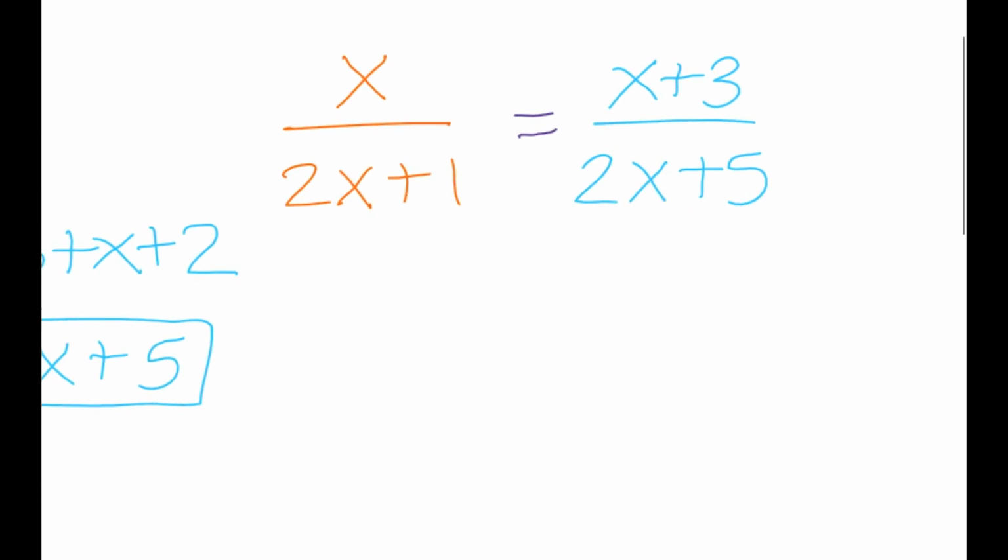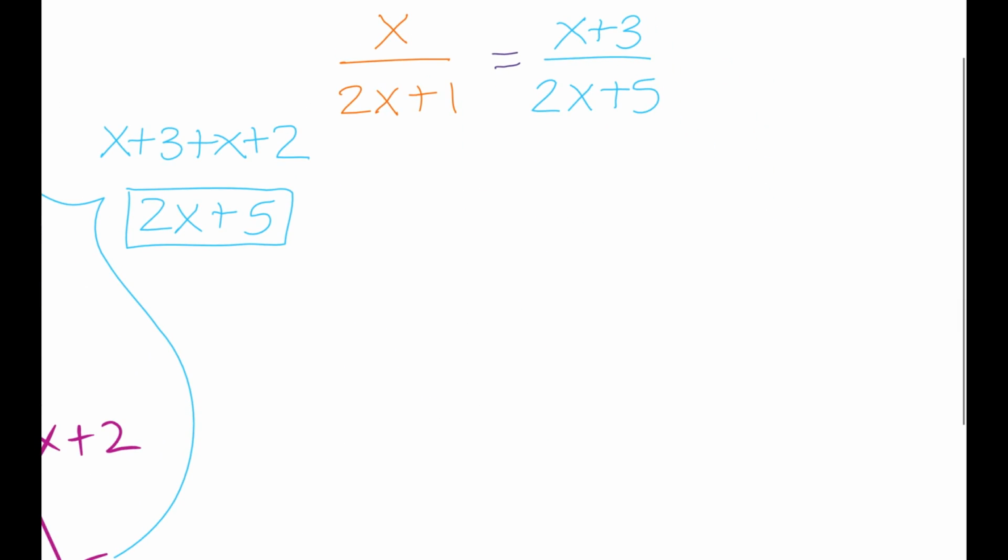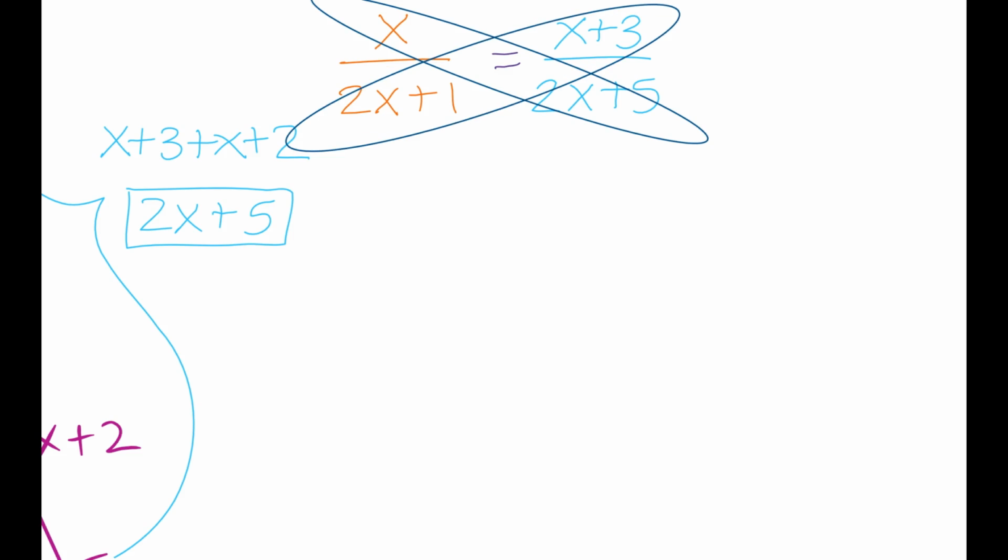Okay. So now how do we solve this proportion? We cross multiply. So I multiply X times 2X plus 5, and I multiply 2X plus 1 times X plus 3. How do we cross multiply when we have more than one term?